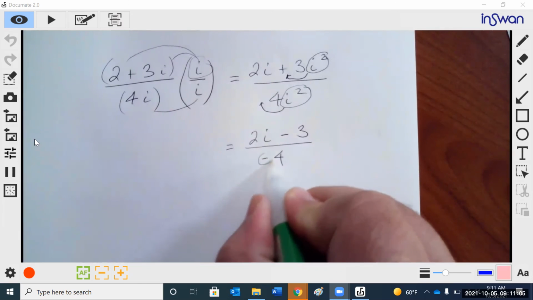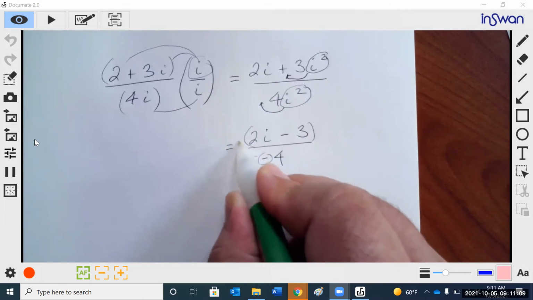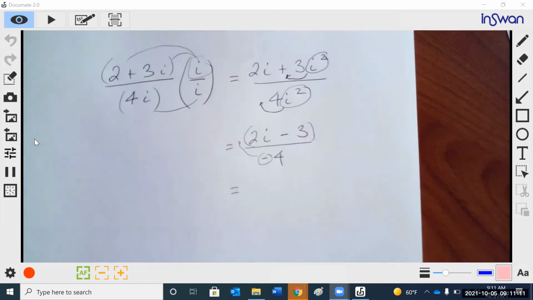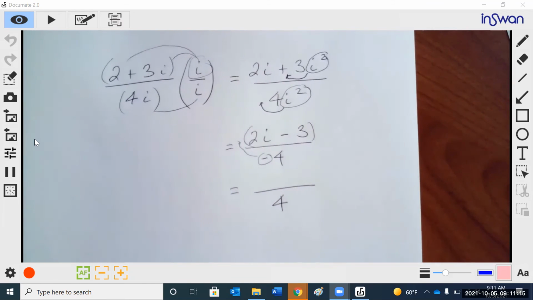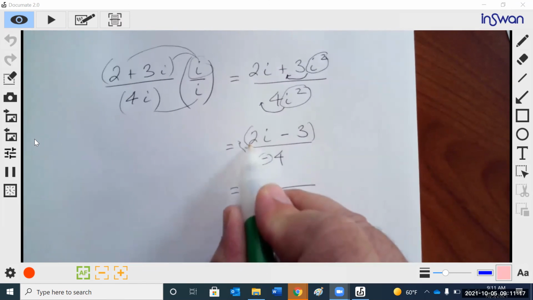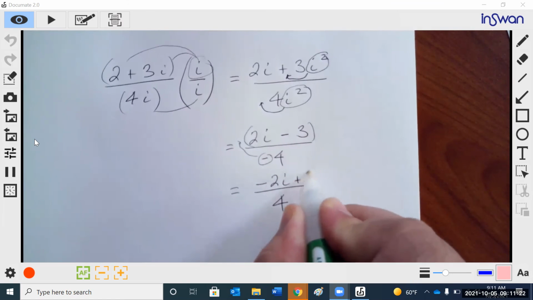So now we have a negative on the bottom, so we bring it up to each term on top. You never want to have a negative on the bottom. The bottom is always going to be a positive number. So this negative changes everybody's sign up there, so it's negative 2i plus 3.